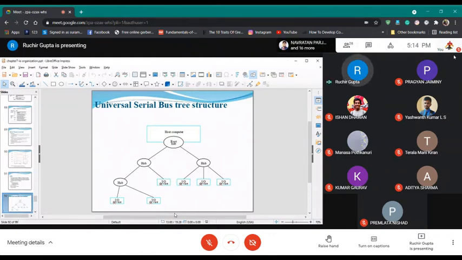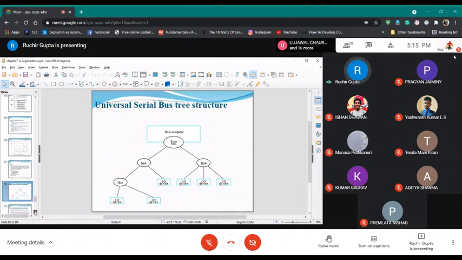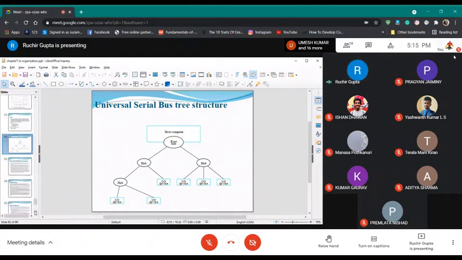So there is a kind of polling coming from the root hub, and whichever IO device is polled will only speak up or make some data transfer. So in a way, there is no conflict as such. Right? Is it okay? Yes, sir. So that makes it very easy to handle.